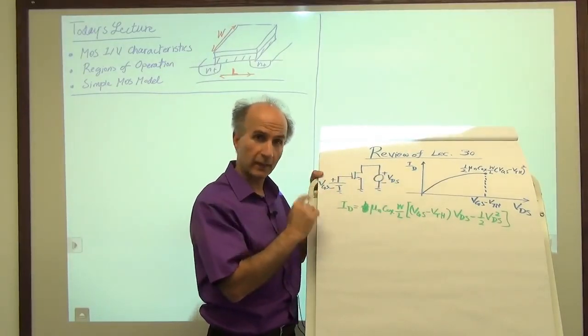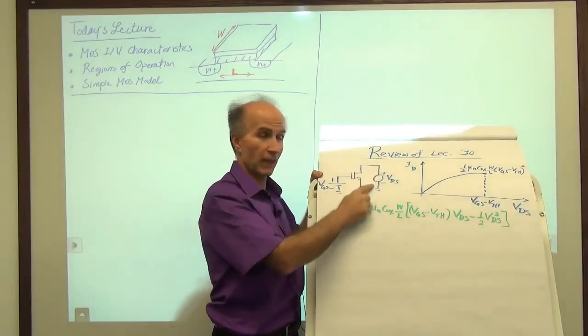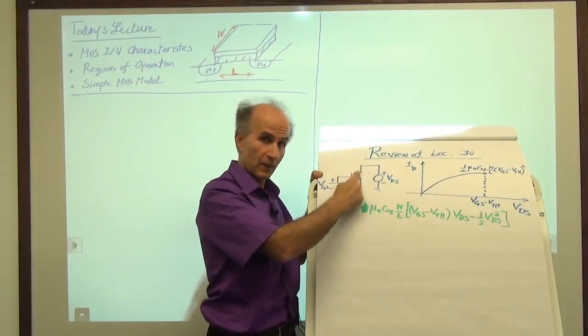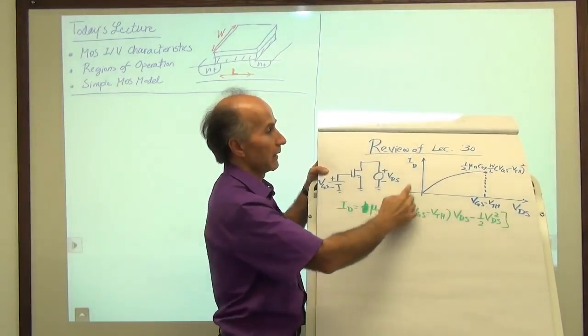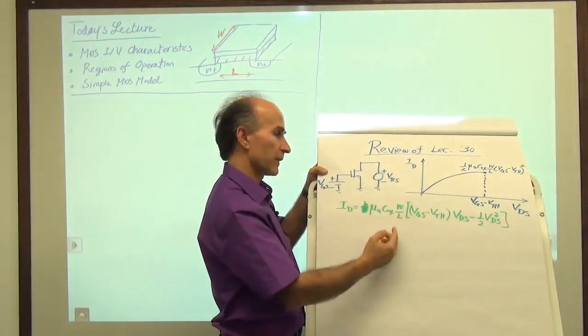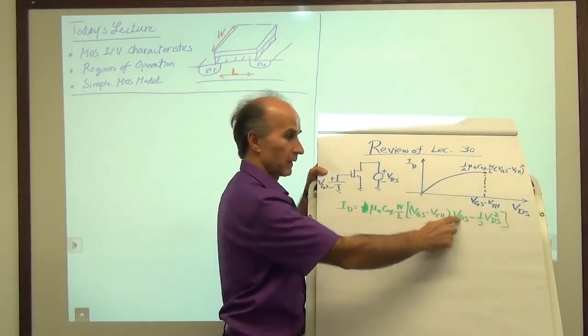So here's the structure that we have. In one test, we keep VGS constant and we allow VDS to vary, and we are interested in this drain current. So this is what we see. The drain current follows a parabolic relationship in terms of VDS.